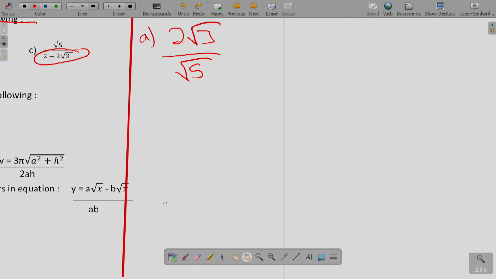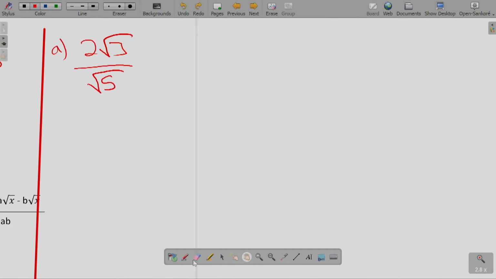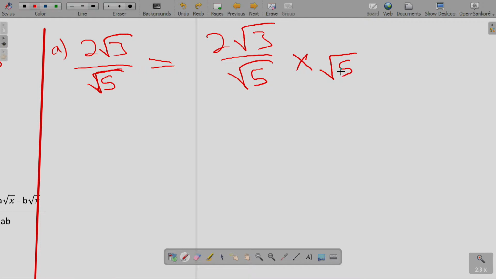So we rationalize. We have to remove this square root from the denominator. To remove it, we multiply by square root of 5, and we also have to multiply the numerator by square root of 5.